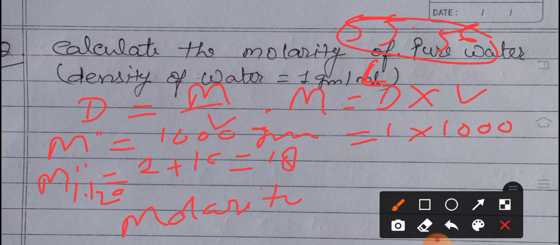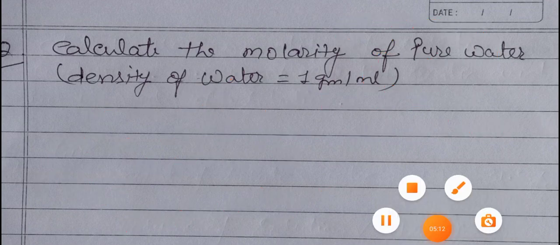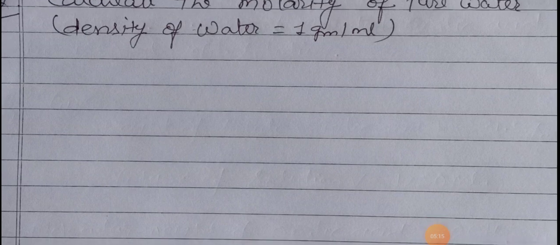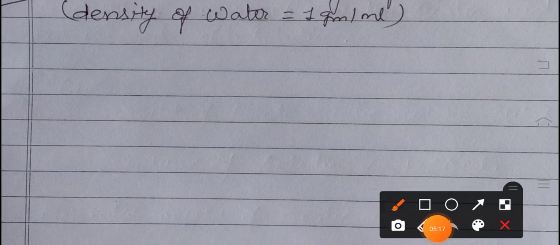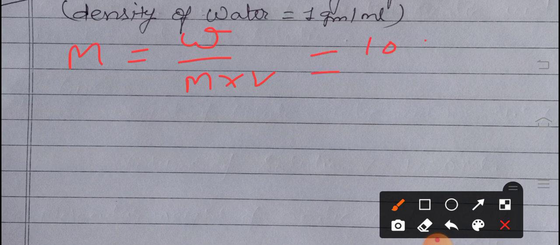Molarity equals the weight of the water molecule divided by the molecular weight of water molecule into V. The weight of water equals 1000, the molecular weight of water equals 18, and the volume equals 1 liter.